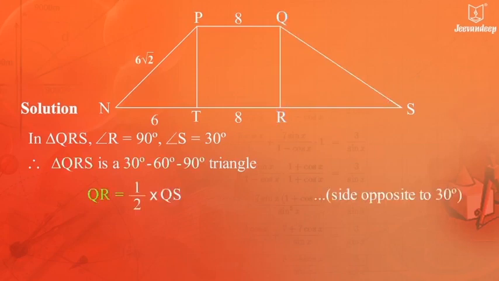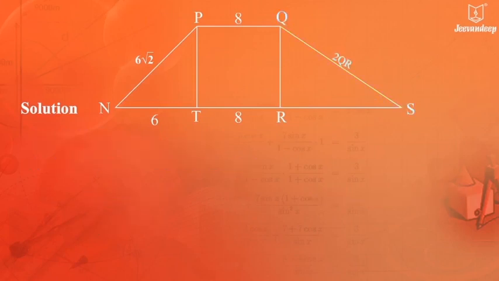QR equals half QS, being the side opposite to 30 degrees. Therefore, QS equals 2QR. Putting the values, we get QS equals 12.